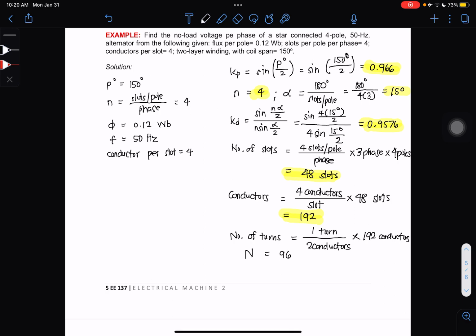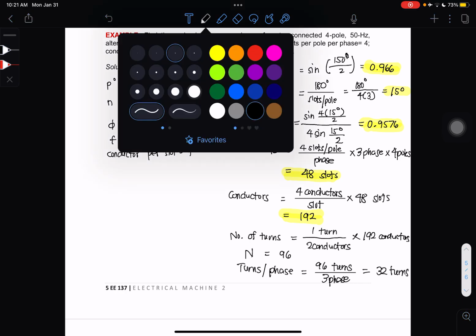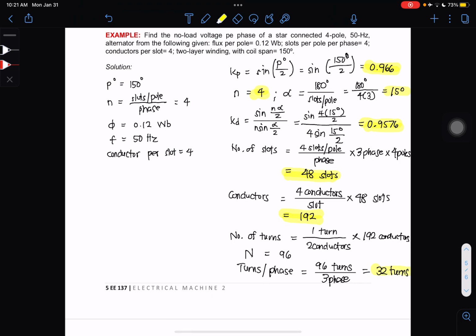And our turns per phase is 96 turns divided by 3 phases. So we have 32 turns. So that is our number of turns, which is the N.